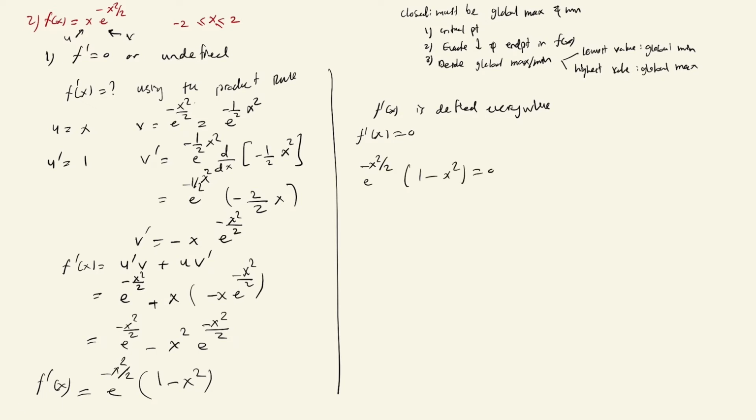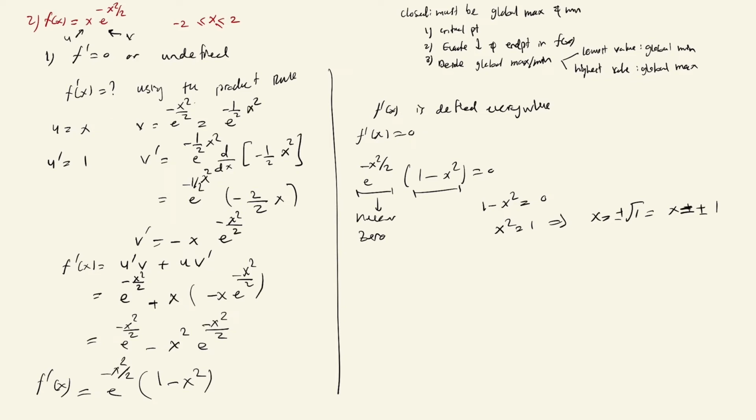Notice the first term, the e term, is never 0. If you plug in 0 for x, or a negative or positive value, it's never 0. And then the second term is 0 when x squared equal to 1, which is the same as saying x is positive and negative 1.